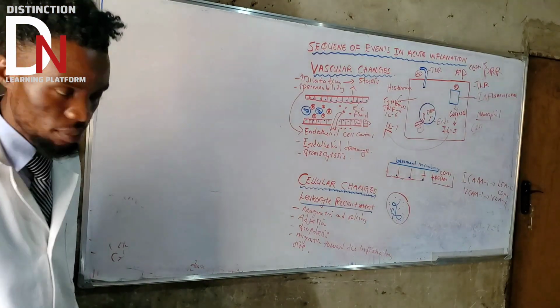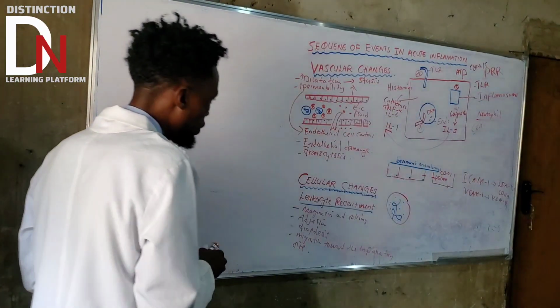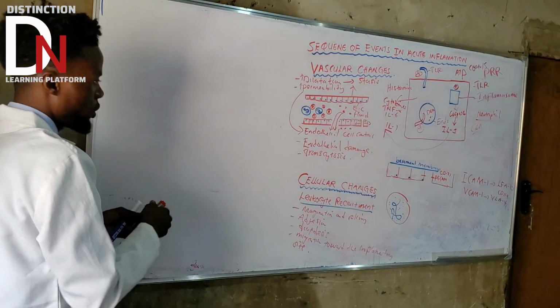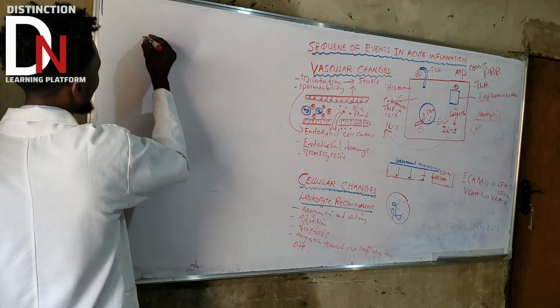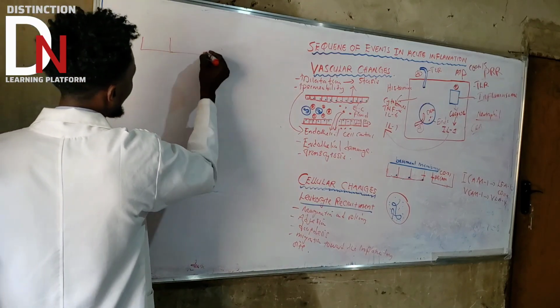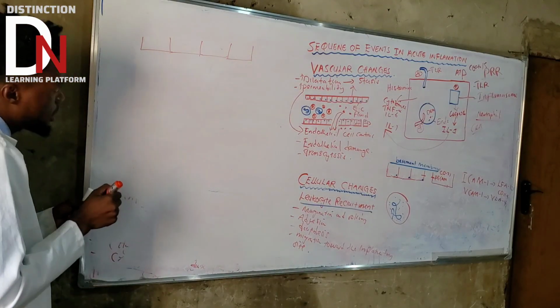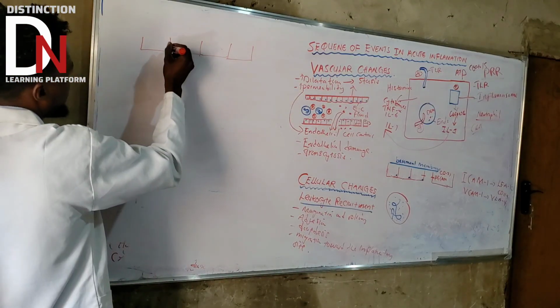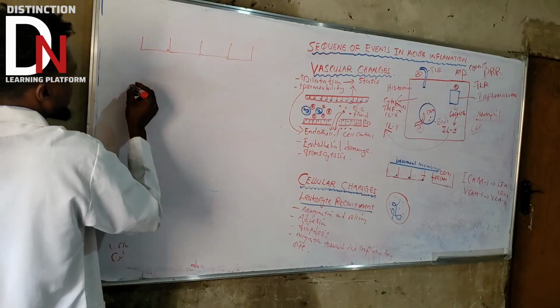Let me make more space and redraw this so that you can understand fully. This is the endothelial lining of the blood vessel, and this is the inside of the blood vessel.